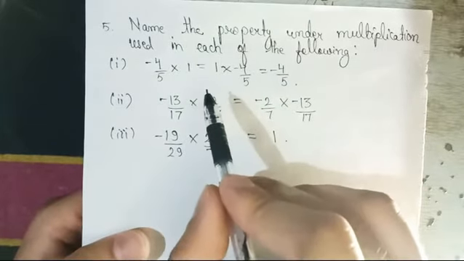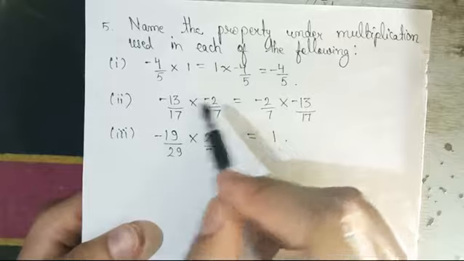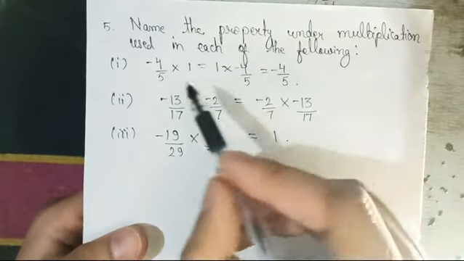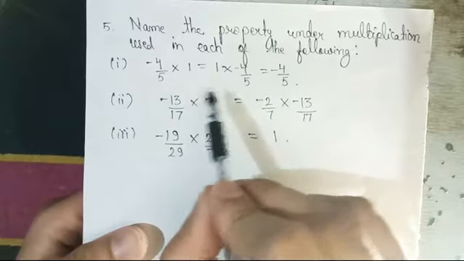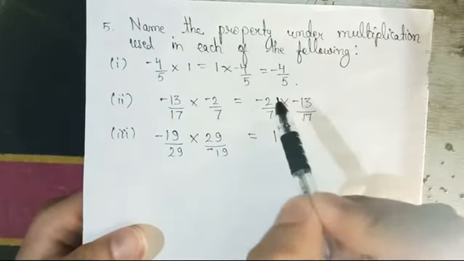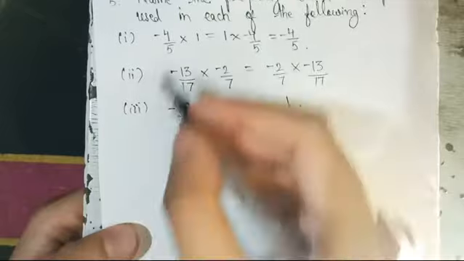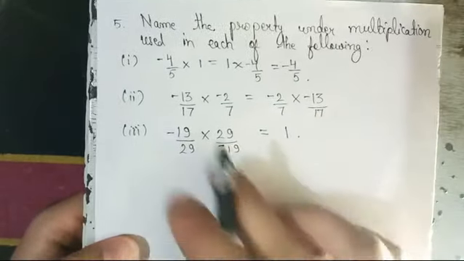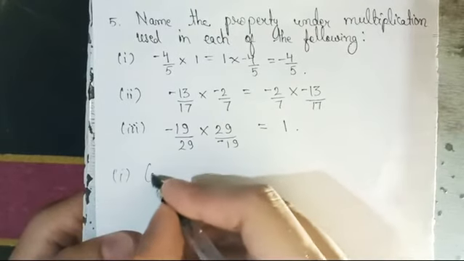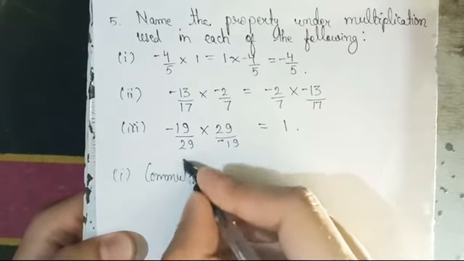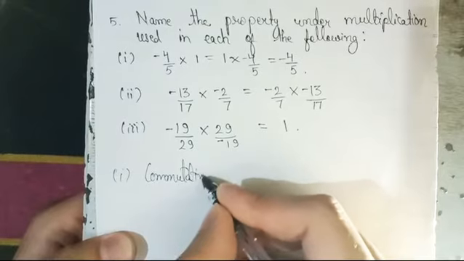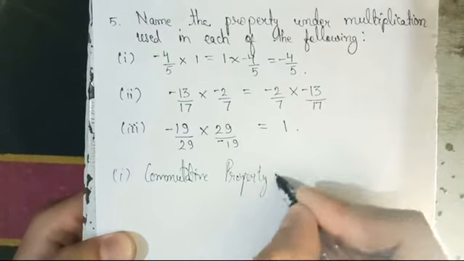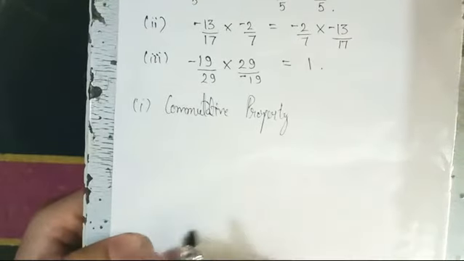We have interchanged their positions, we have rearranged them. We have discussed the commutative property, in which we interchange the positions of the rational numbers. So in the first one I will write commutative property.